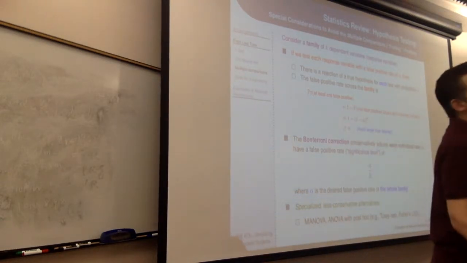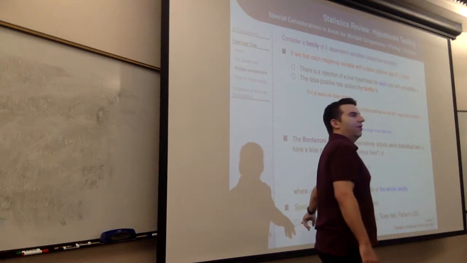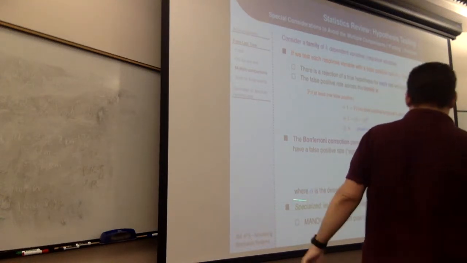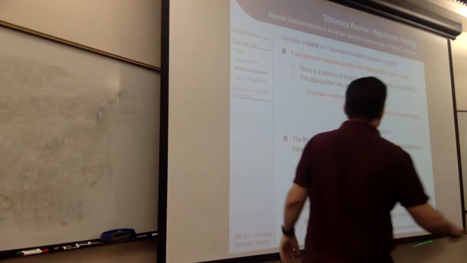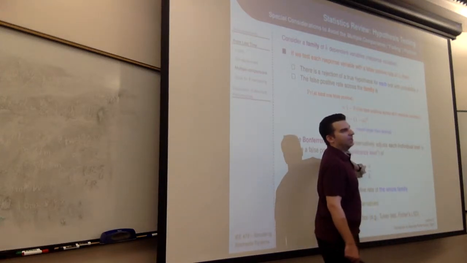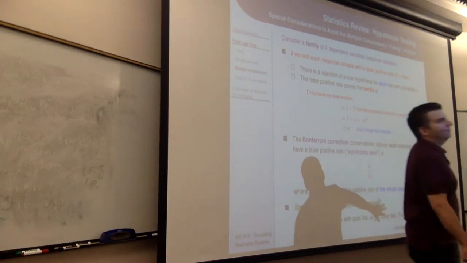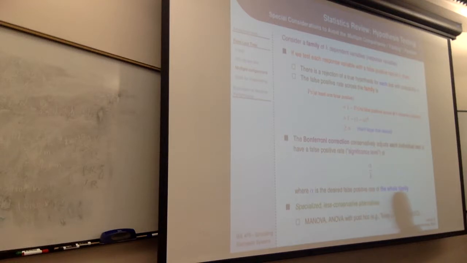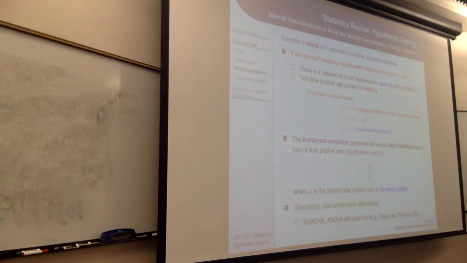But in a pinch, if you don't have these available, or you're using a statistical test where none of this extra work has been done, then you can always apply this Bonferroni correction. It's conservative, which means that your family alpha will probably be even lower than 0.05, but it at least won't be higher, because having it higher than 0.05 when you think it's 0.05 is much worse than having it lower than 0.05 when you think it's 0.05. Any questions about that?